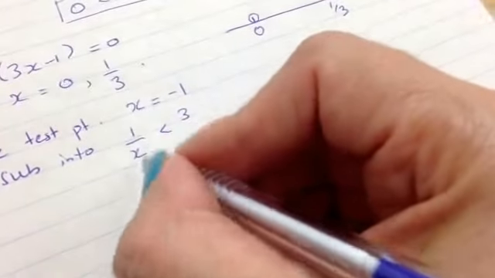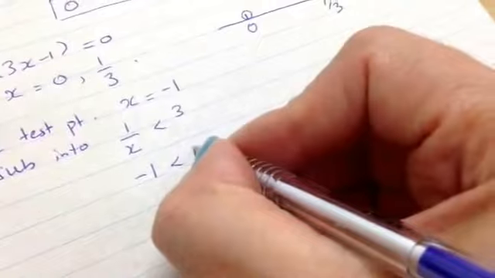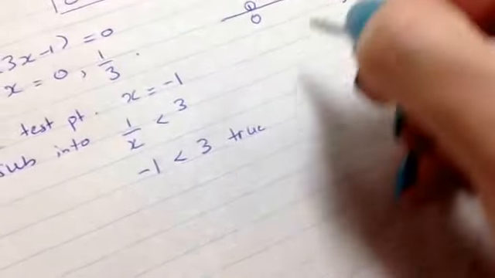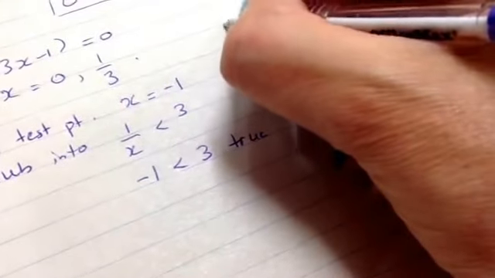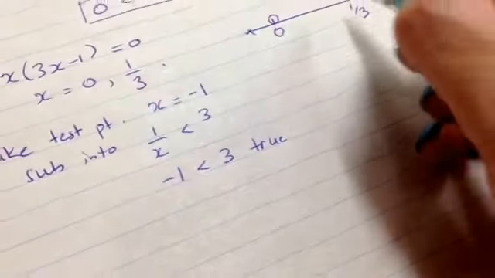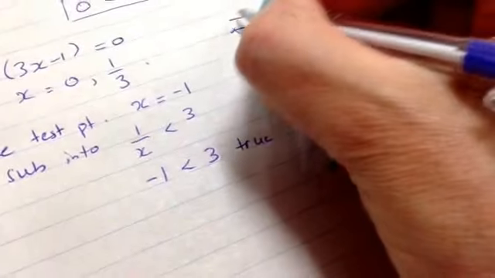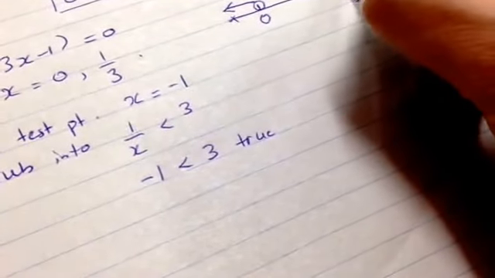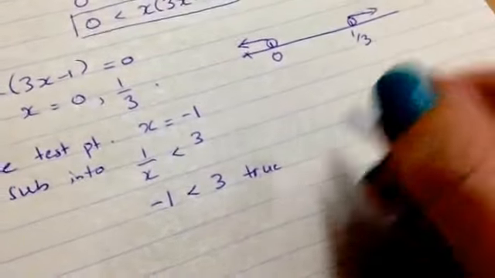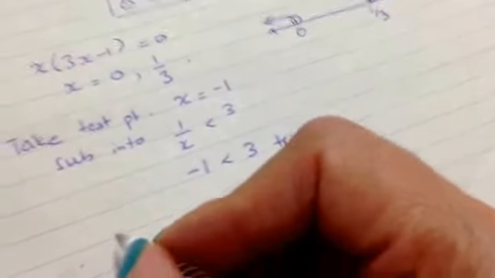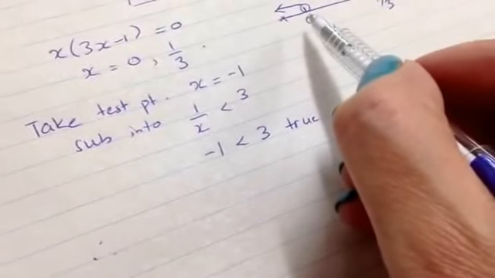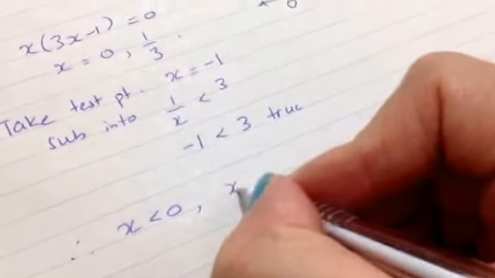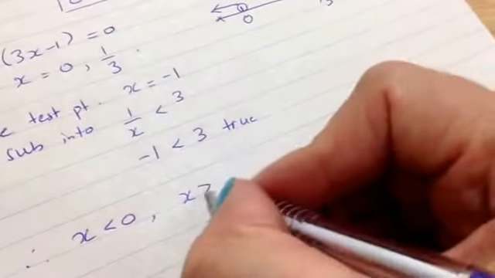So I'm going to get 1 on minus 1, which is minus 1 is less than 3. That is a true statement. I took my test point out here at minus 1 and it's a true statement. So that means that the values of x will be out here and out here. Therefore we can write our solution that x is less than 0 and x is greater than 1/3.